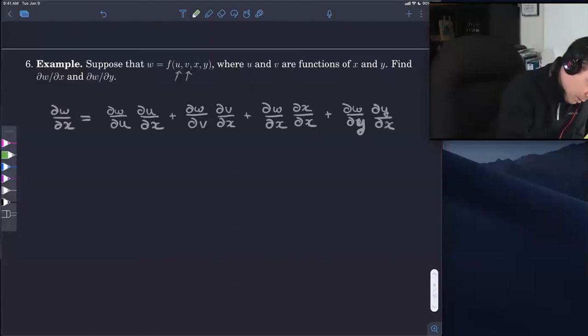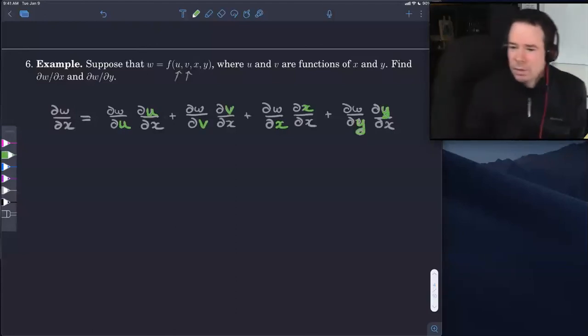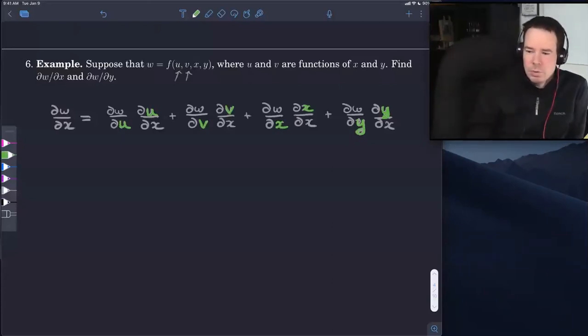Again, I'm going to put these in a different color. I'm just following the pattern. These are my intermediate variables at each step along the way, so these ones have to match. The other variables, w and x, are the two I'm interested in for my derivative because I want dw dx. So I just need to transition through those intermediate variables. And I just run right through all the variables for f: u, v, x, and y.